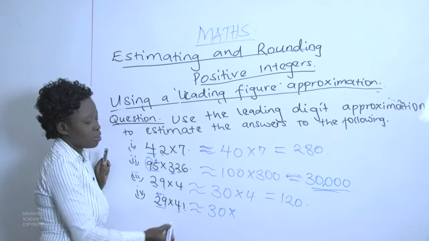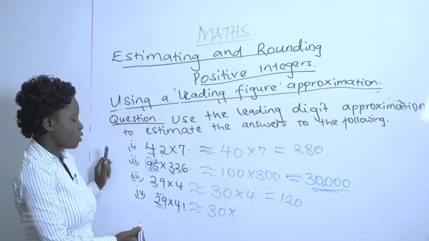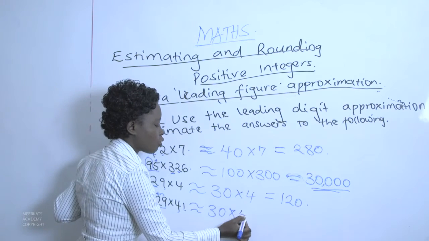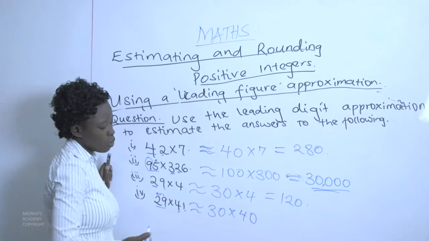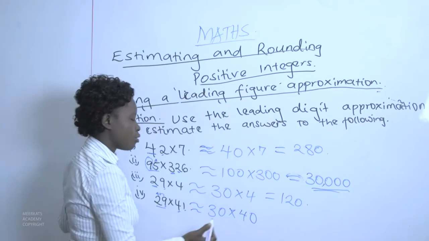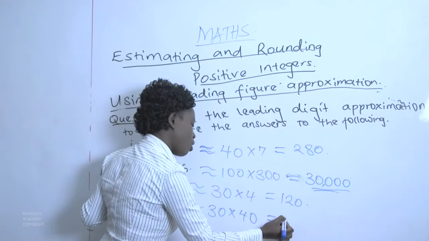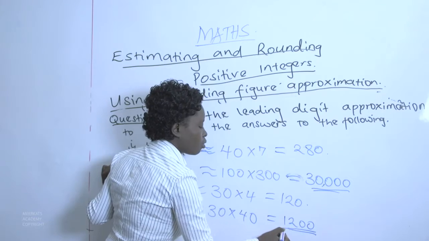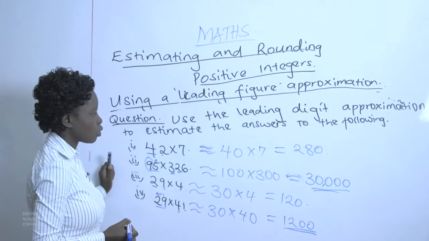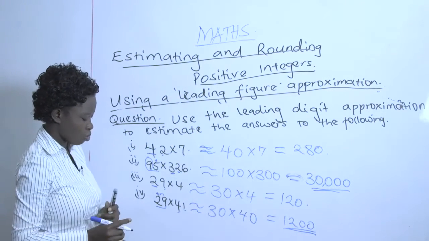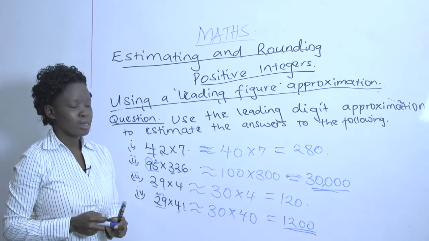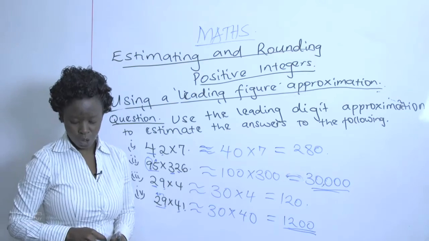The next digit is 1, which is less than 5, so it rounds our number down so that we get 40. So we have 30 multiplied by 40, and we get our answer as 1,200. So those are the estimates to our answers when we are using the leading digit approximation.